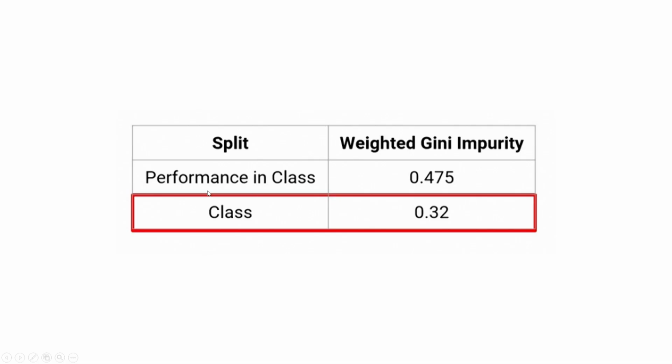In this example we finally get less Gini impurity for the attribute class, and that is why at this step the Gini impurity is suggesting that we should use the class variable for splitting that node.